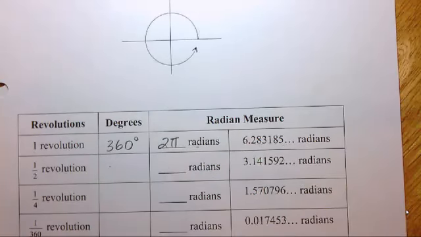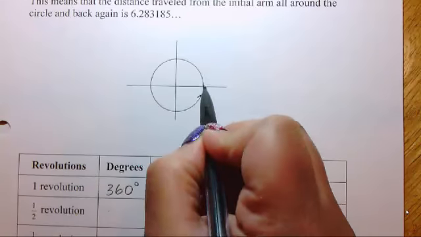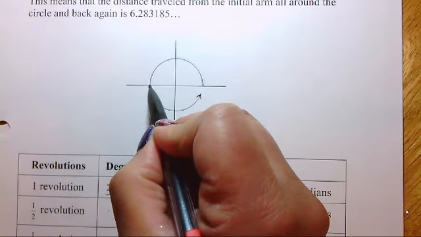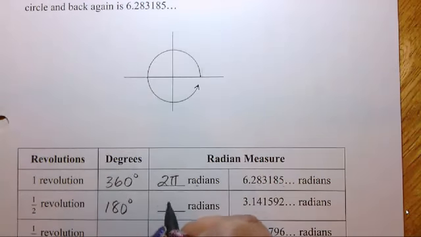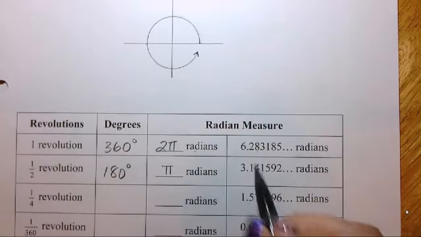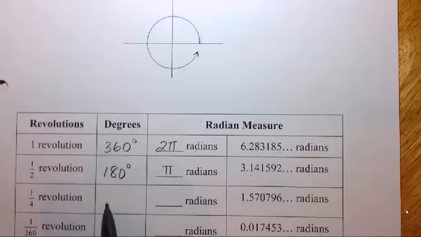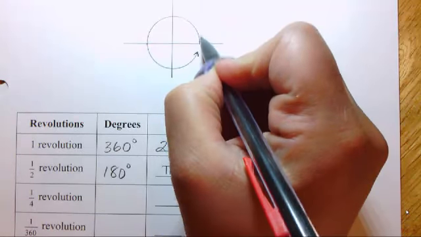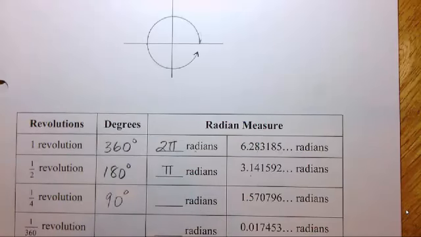We prefer to use this here. Now, half a revolution would be from here up to here. So that's 180 degrees. We know that. And that's going to be 1 pi radians. And hey, look, see, this is the actual value of what pi is. A quarter revolution is going to be from here to here. That's 90 degrees. And that's the same as pi over 2.